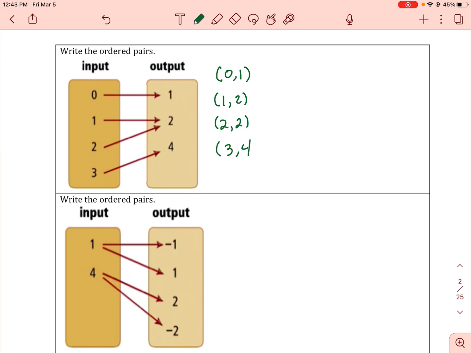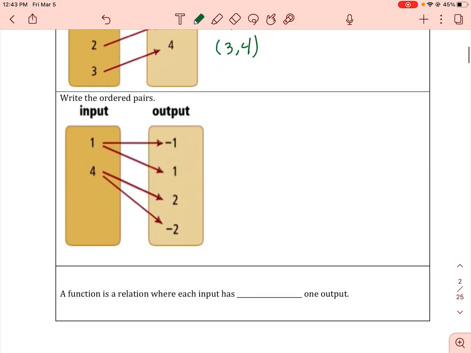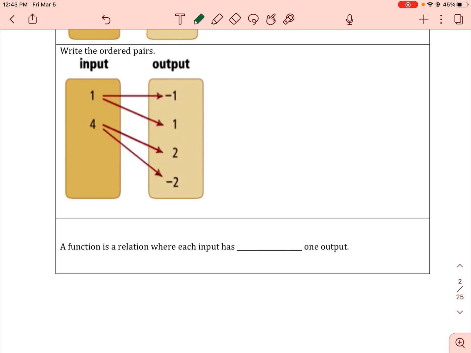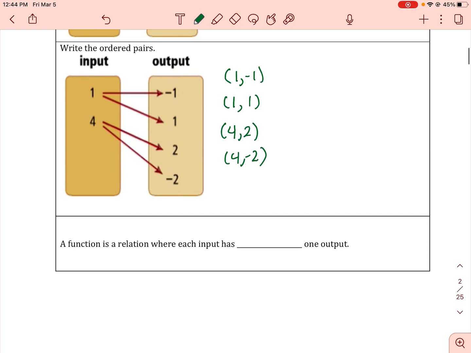And 3 goes to 4. Write the ordered pairs. 1 goes to -1. 1 goes to +1. 4 goes to 2. And 4 is -2. So these are all relations representing a function.